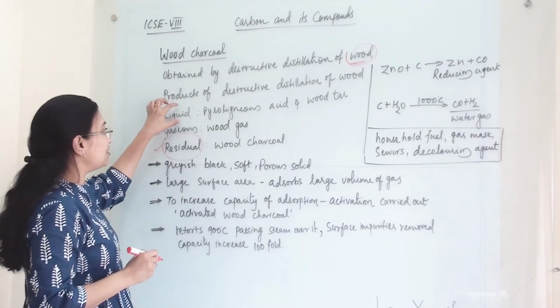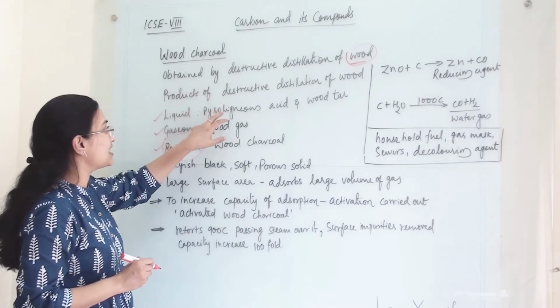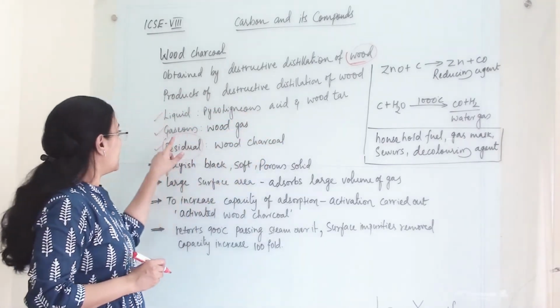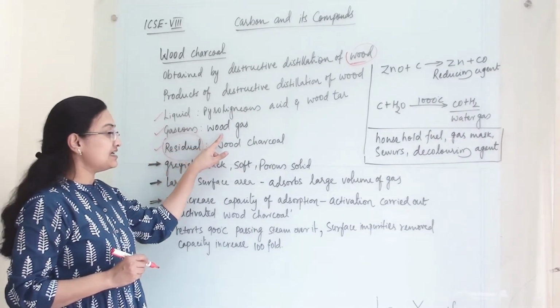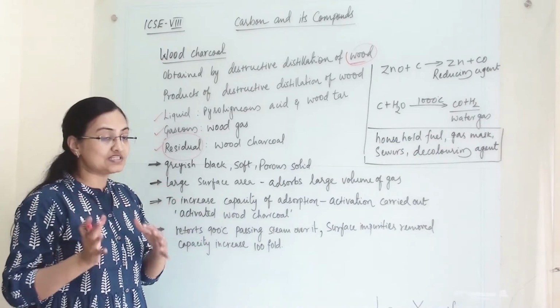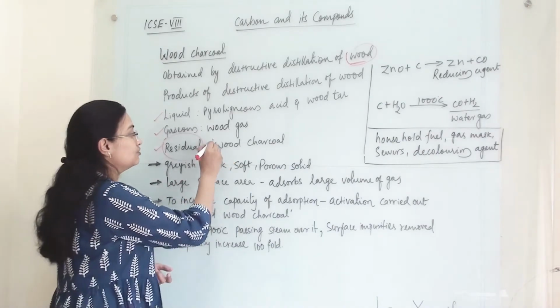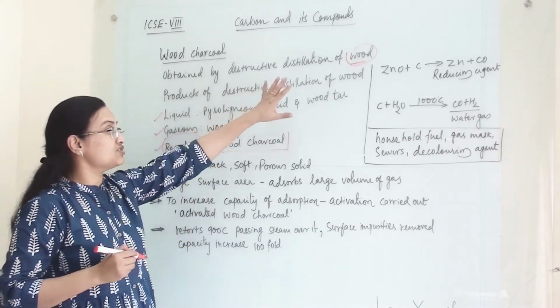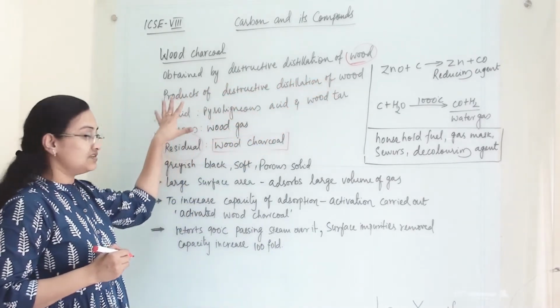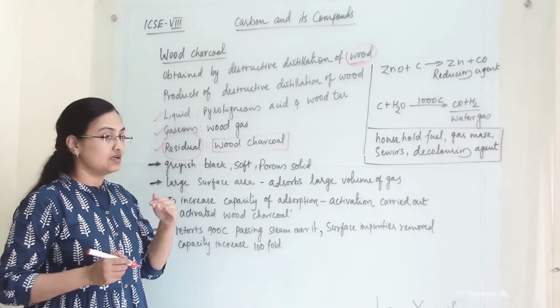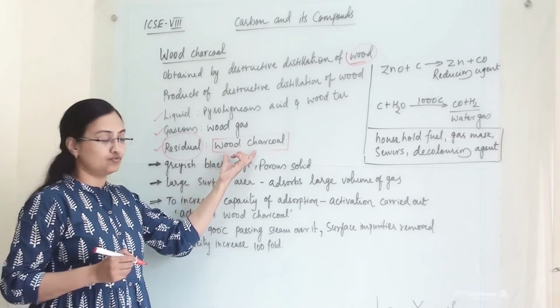The liquid product we get is known as pyroligneous acid and wood tar. The gaseous product we get is known as wood gas, and whatever residue is left at the end is known as wood charcoal. So whatever residual product is left over is our wood charcoal.